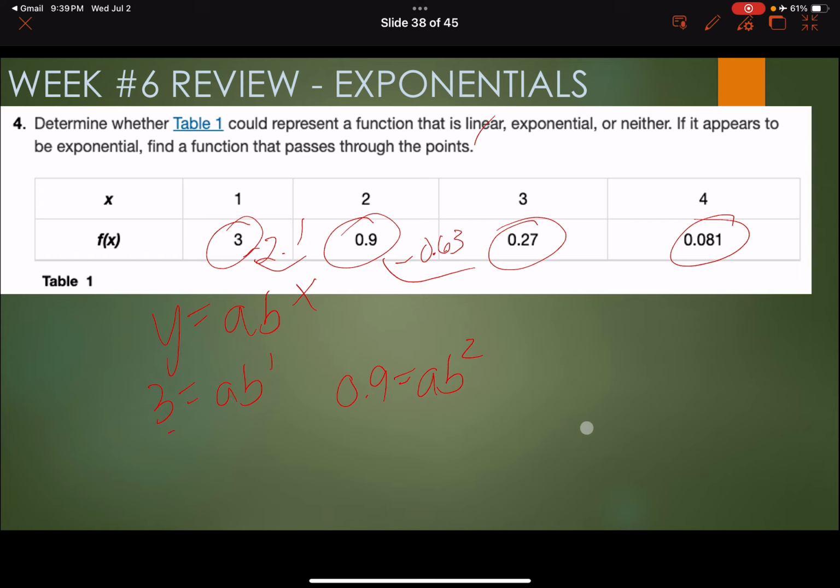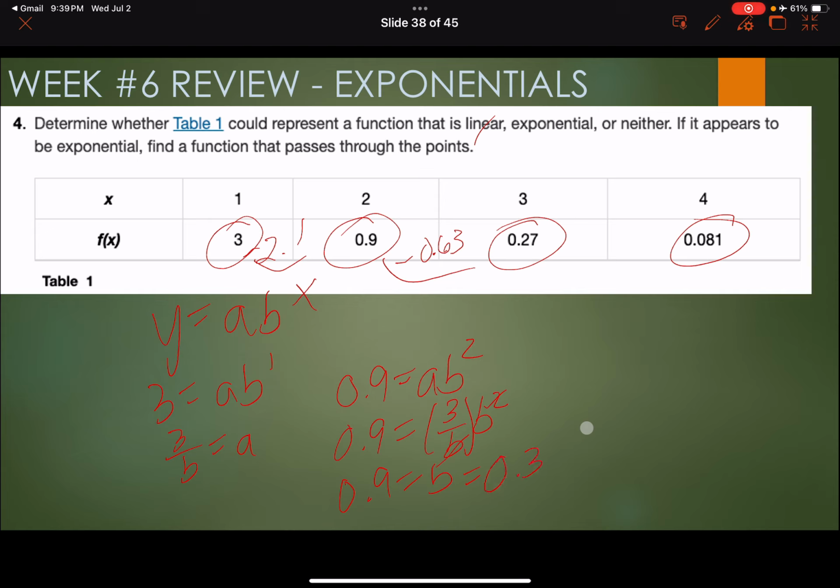That means 3 over b is equal to a, so this equation becomes 0.9 equals 3 over b times b squared. The b and the square would cancel, and so you'd have 0.9 equals b, which means that b is equal to 0.3.